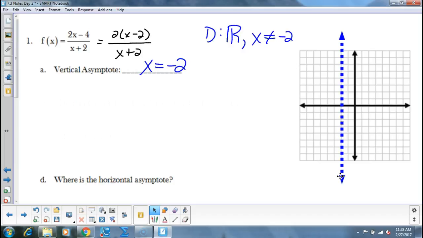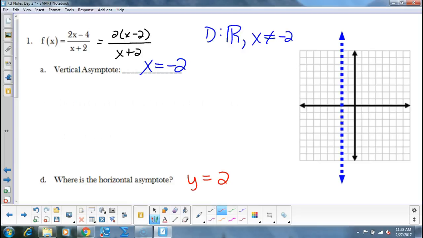Then, we said, what is the horizontal asymptote? We said earlier that this was y equals 2, because I've got a degree of 1 on the top, I've got a degree of 1 on the bottom. So the coefficient on top is 2, coefficient on the bottom is 1. 2 divided by 1 is 2, y equals 2.